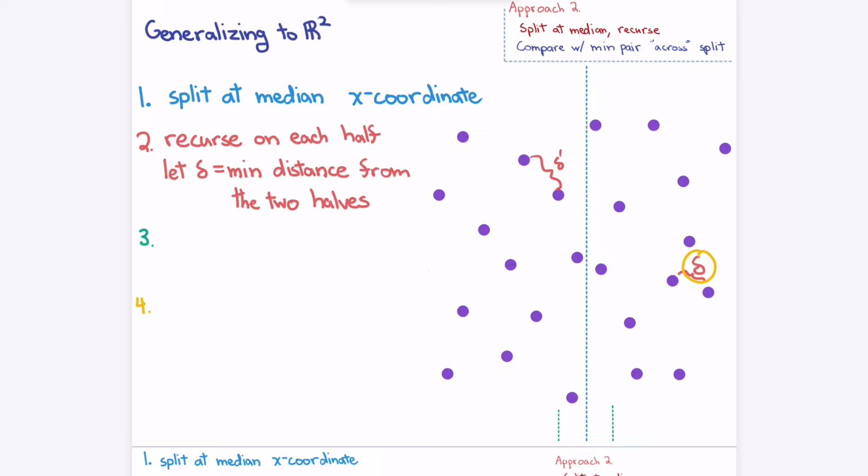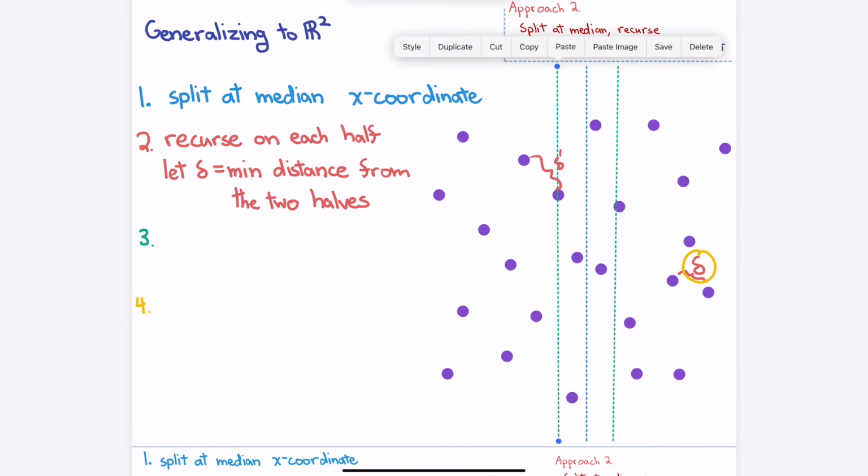So in particular, there's no point in me going out further than delta units from the median. So I can draw this line, which is delta far away from that median. Whatever minimum distance you found on the other side, I only have to look at points inside here, because anything outside is definitely going to be more than delta.